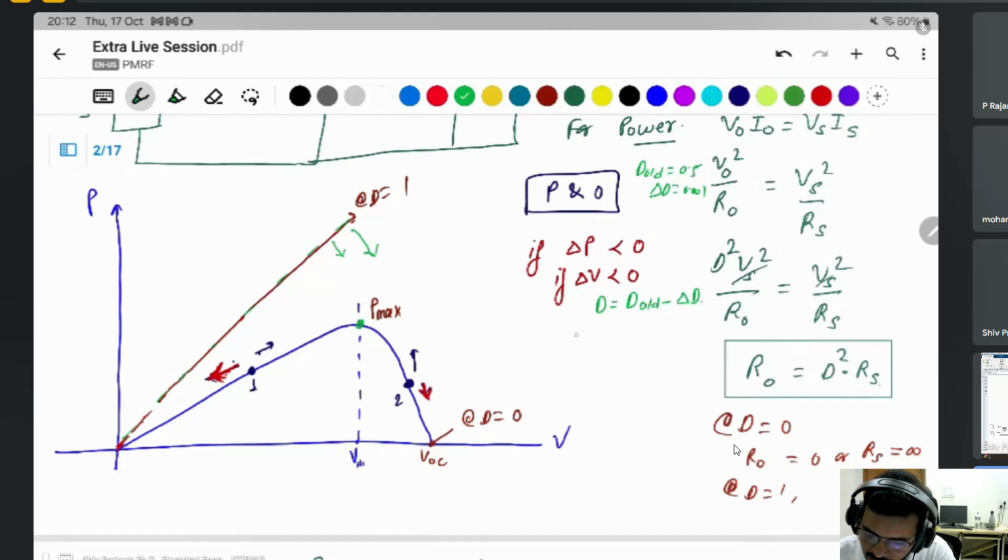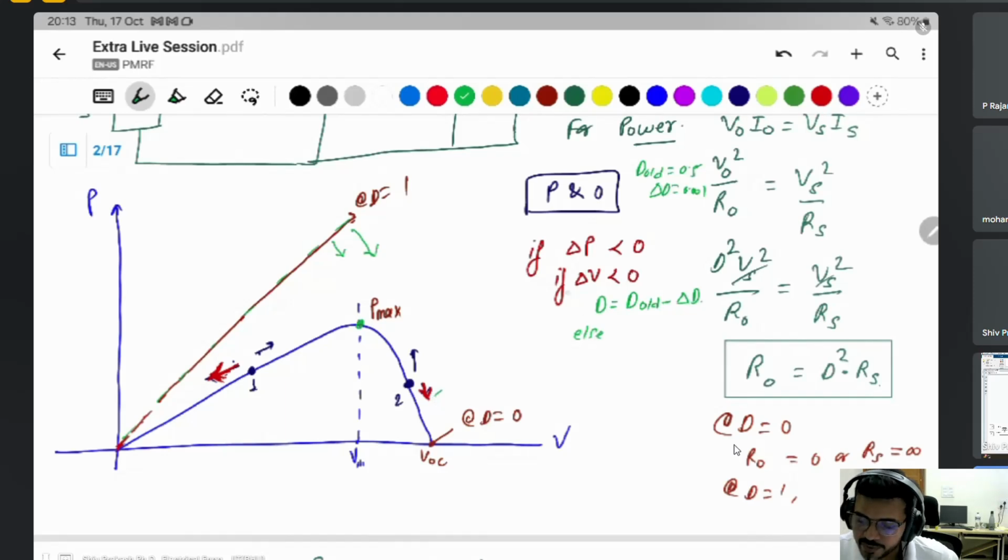Else, if delta P is not there, if it is not less than 0, then this condition is there. Because here delta P is negative and delta V is positive.